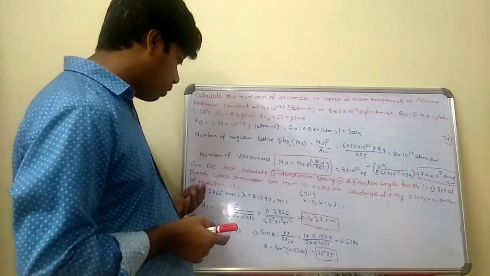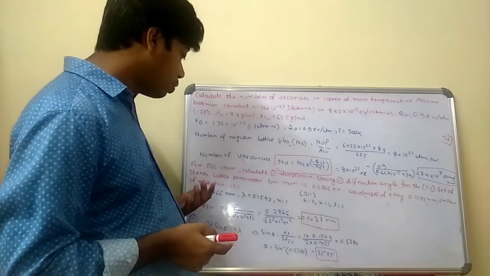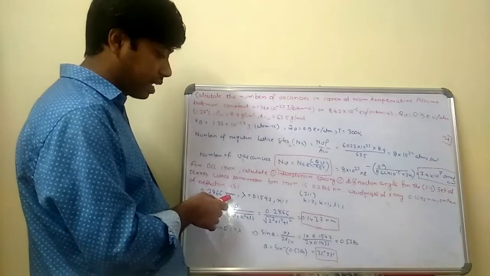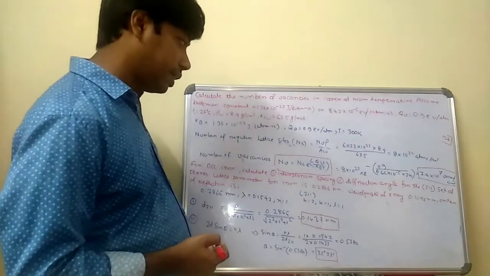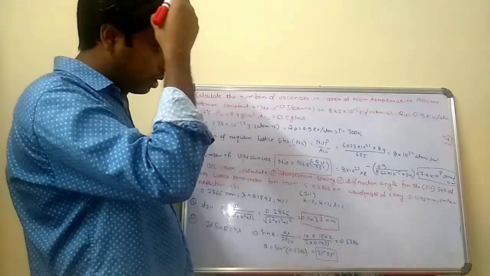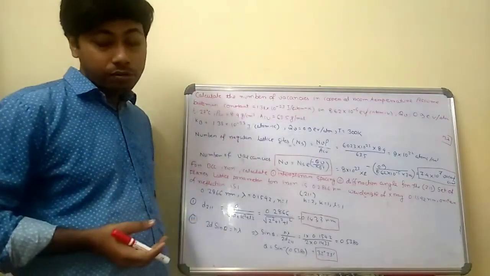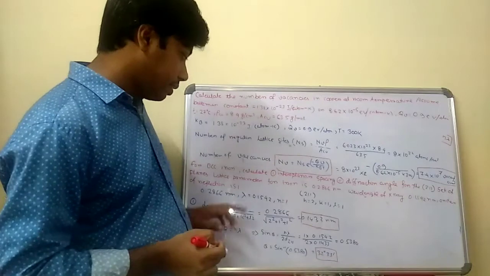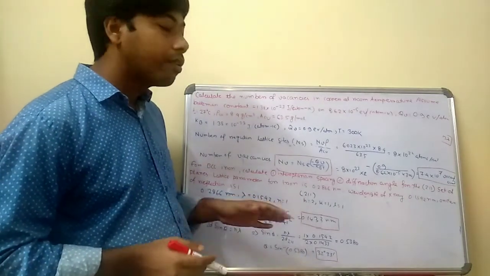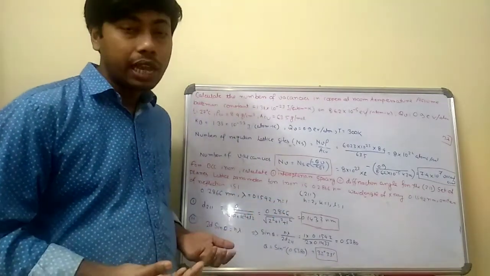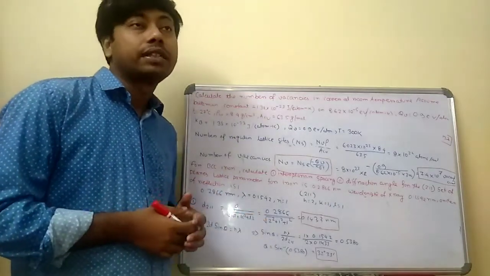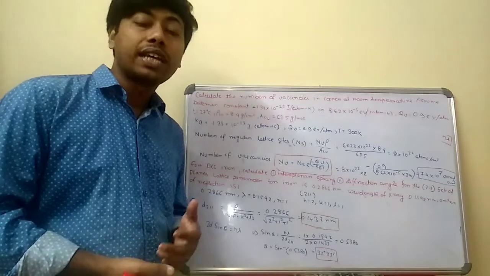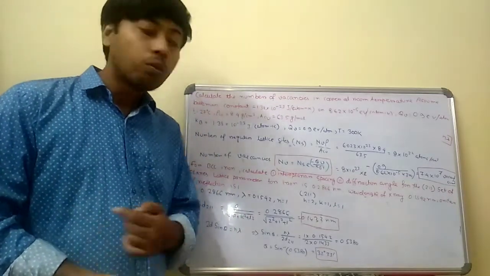So a is equal to 0.2866 nanometer, lambda is 0.1542 nanometer, and the order of the reflection is 1. And the plane for which you have to calculate the distance from the origin of the cube is given to you, that is 2 1 1, that means h is 2, k is 1 and l is 1.